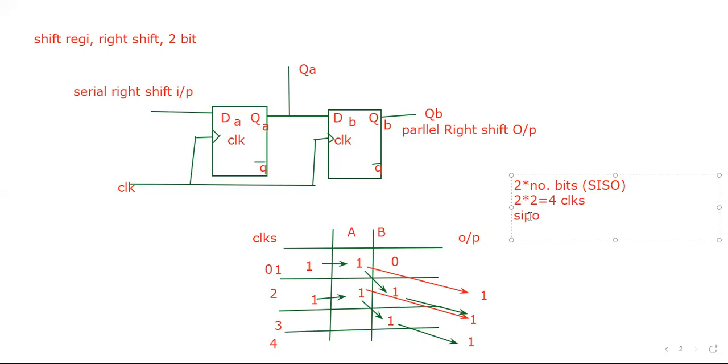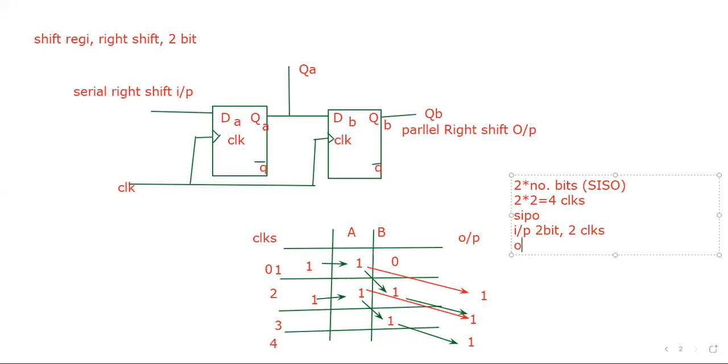In serial in, parallel out, the number of bits required for input would be the same as the number of bits. So there would be 2 bits, so we require 2 clocks for input. Number of clocks equals the number of bits in serial.